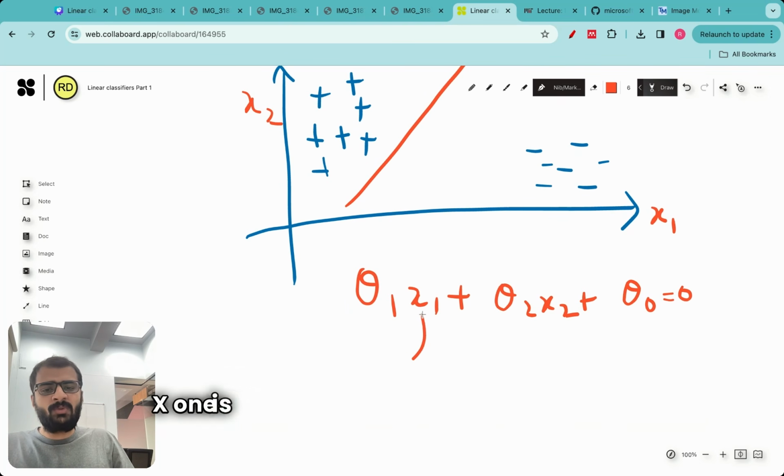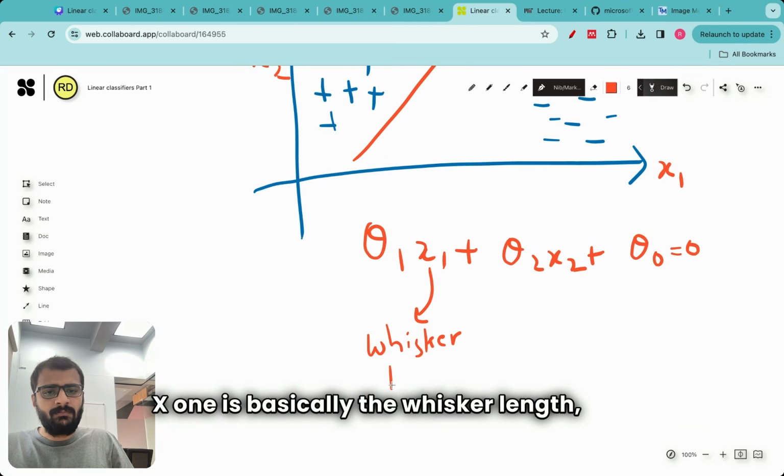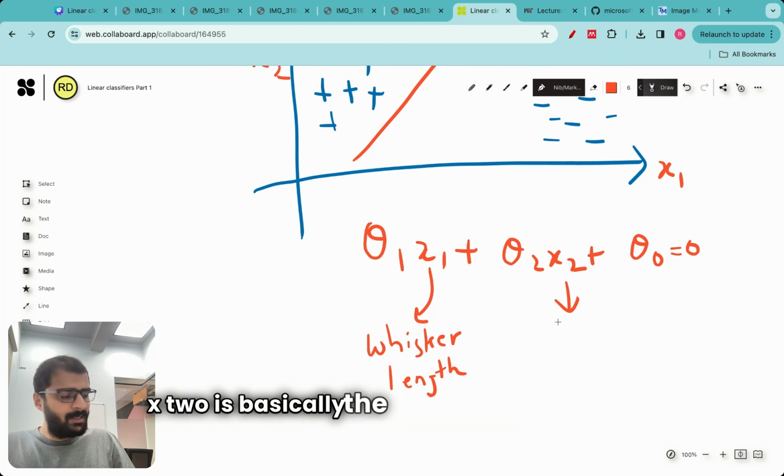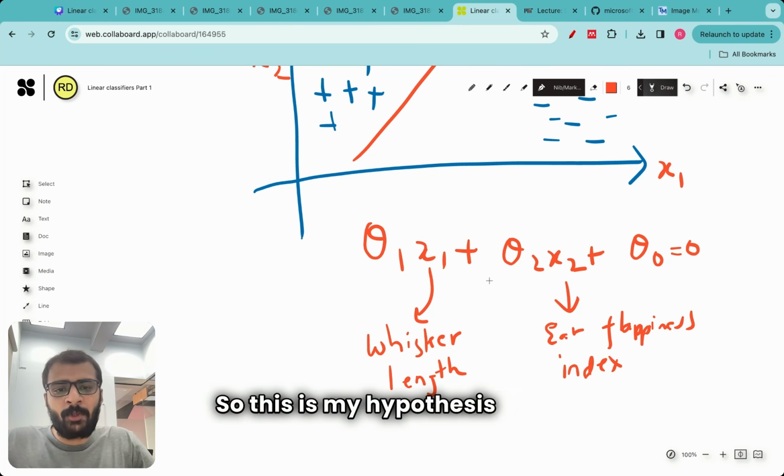What is x1? x1 is basically the whisker length, and x2 is basically the ear flappiness index. So this is my hypothesis class.